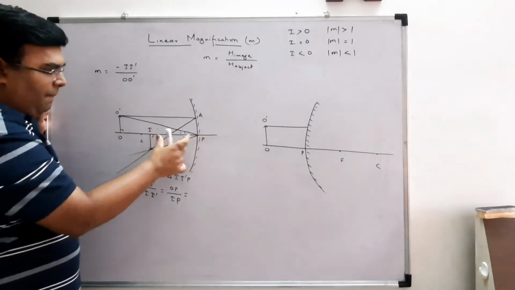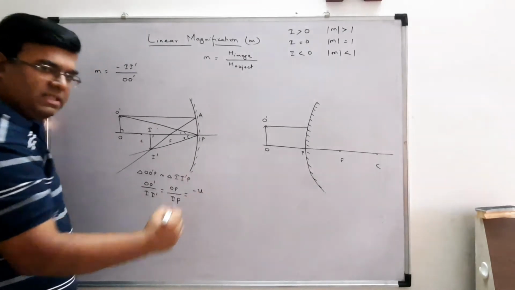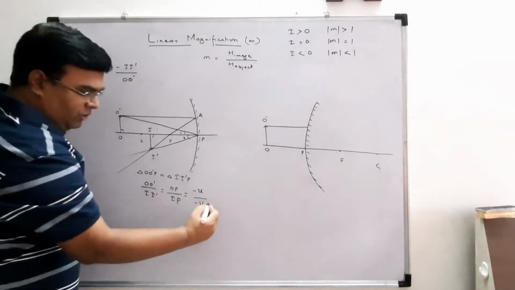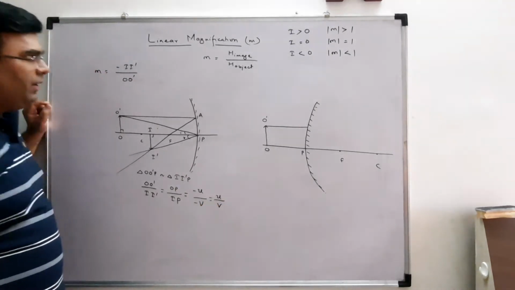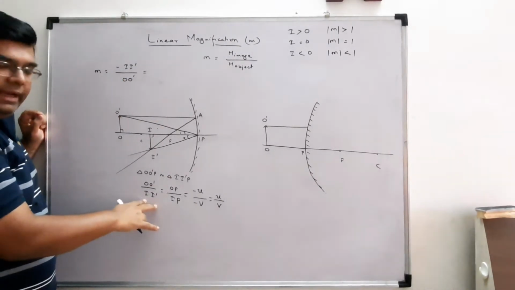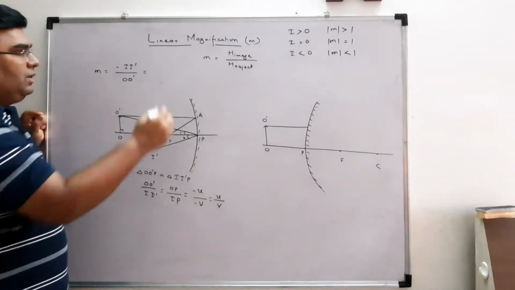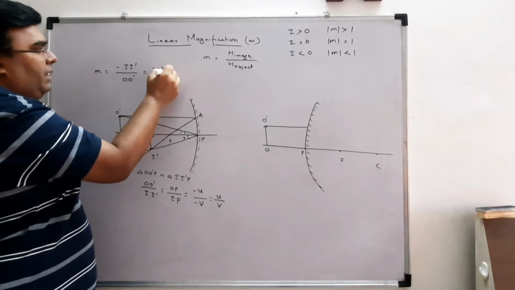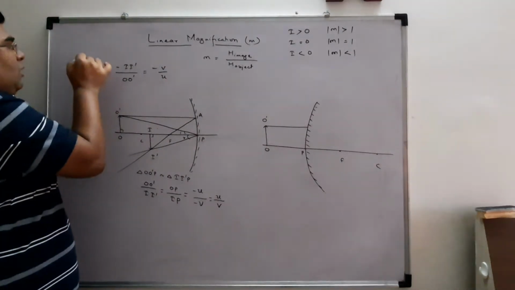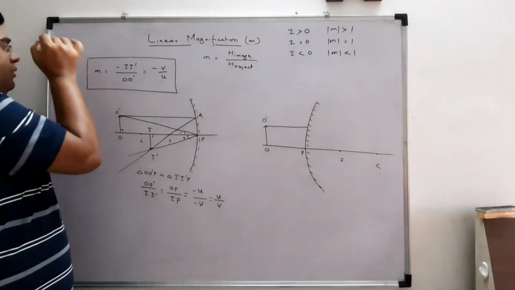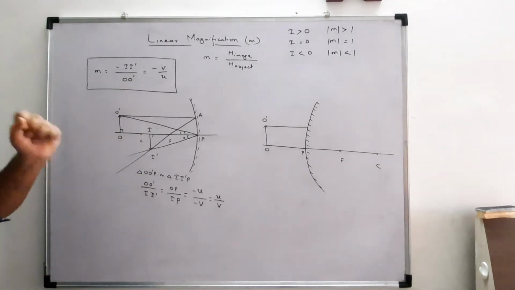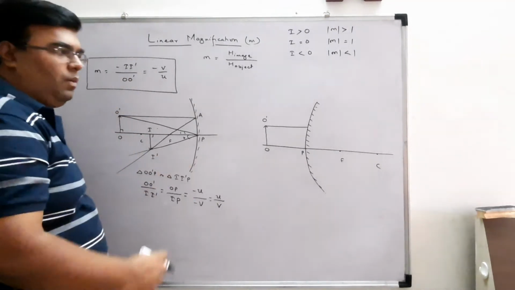OP is minus U because of the left hand side, and IP is the image distance, which is minus V. So simply we get U by V, right? So here what we got? I dash upon O dash, so we can reverse it, so it will be like minus V by U, right? So we have got a formula of M in concave mirror. So M is minus V by U.